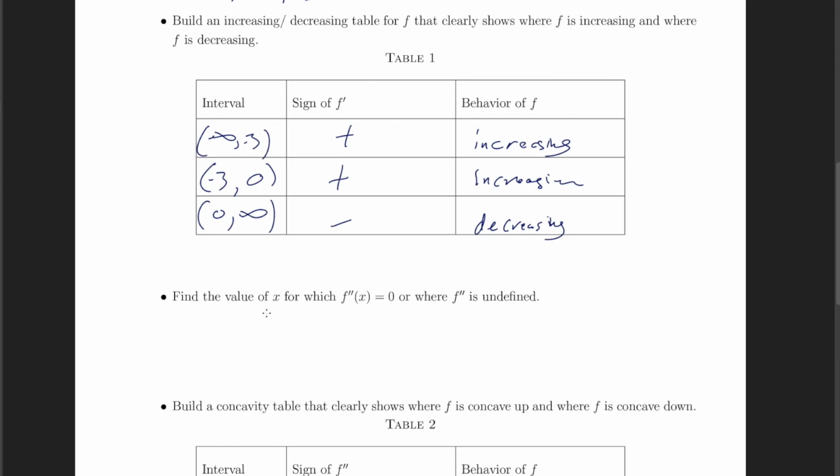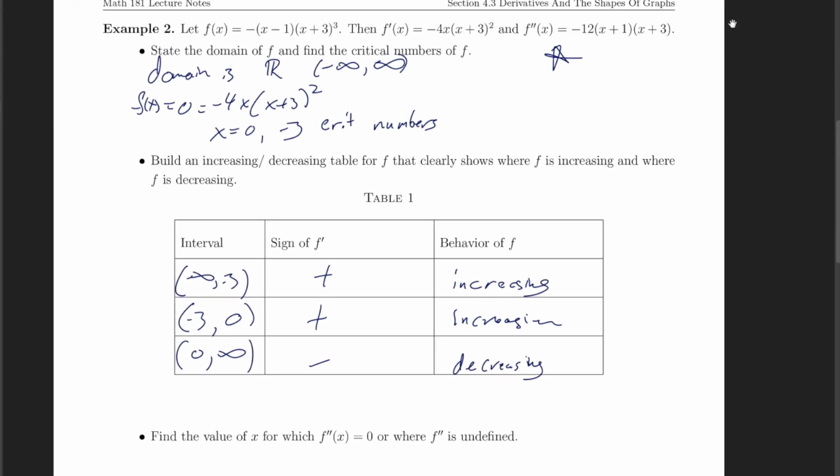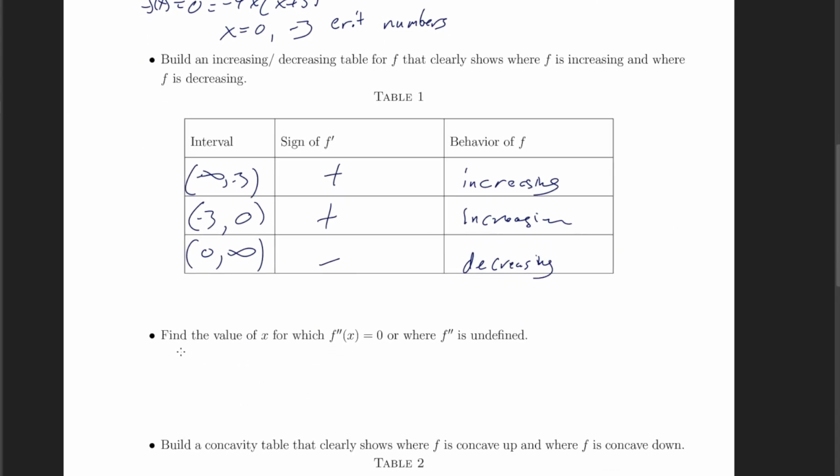So we want to find what values of x where f double prime of x, the second derivative, is either 0 or undefined. Let's look here. It's not undefined anywhere, but it is 0 at the following.